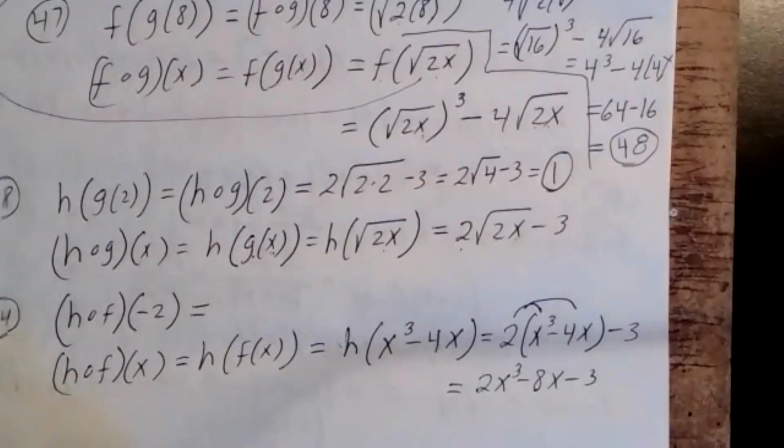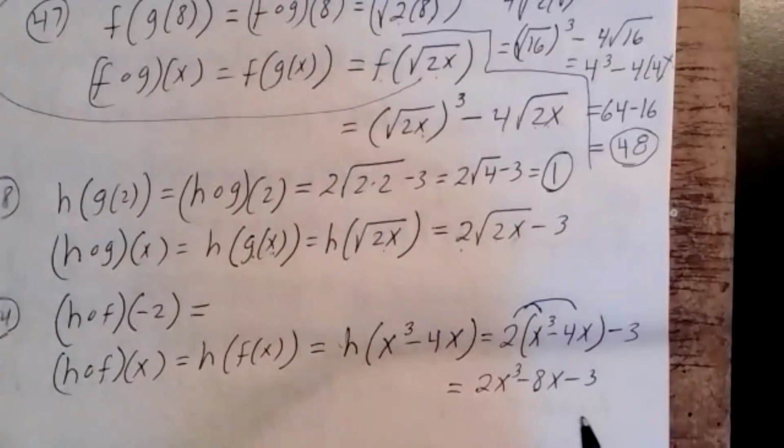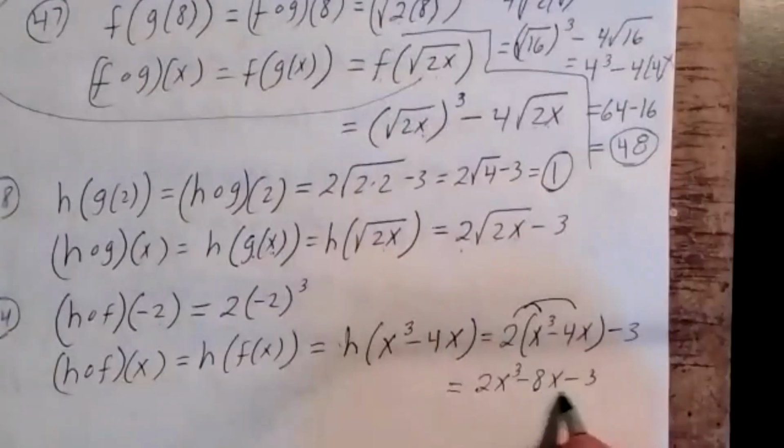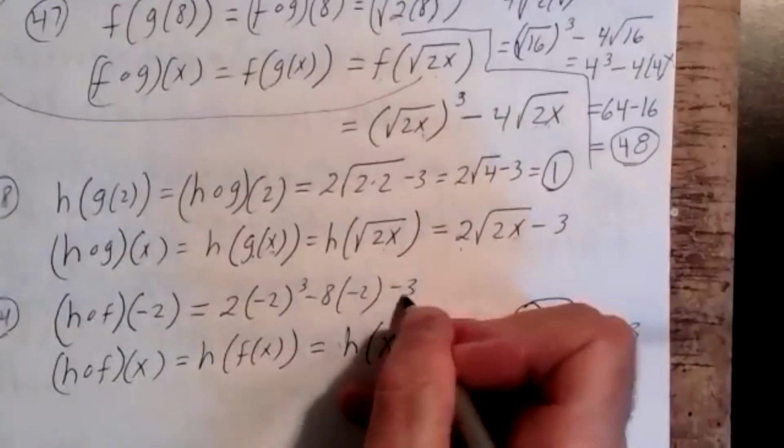Now they want you to evaluate this new function at -2, which is to say we replace x here and here with -2 and then evaluate. So this function, H composed with F, evaluated at -2 is going to be 2 times -2 cubed minus 8 times -2 minus 3.